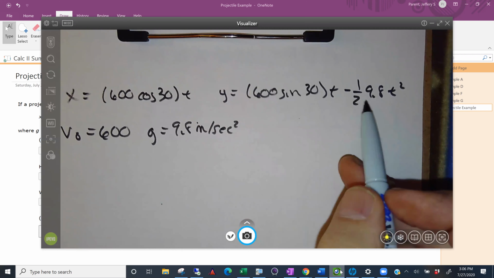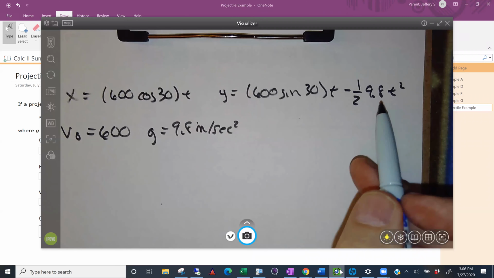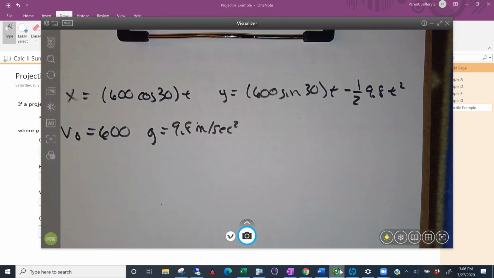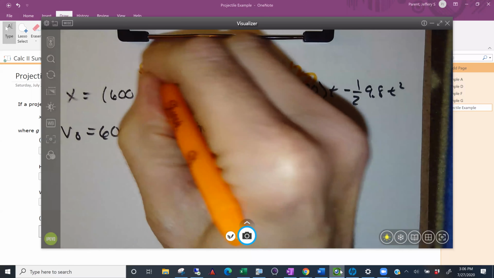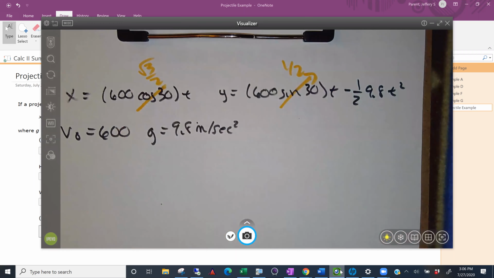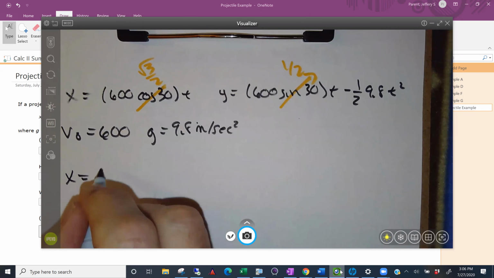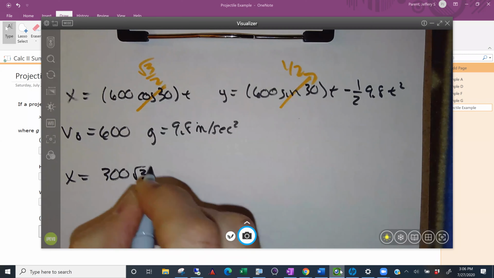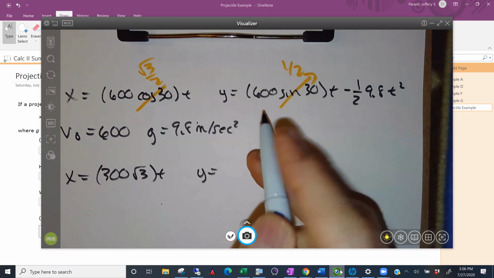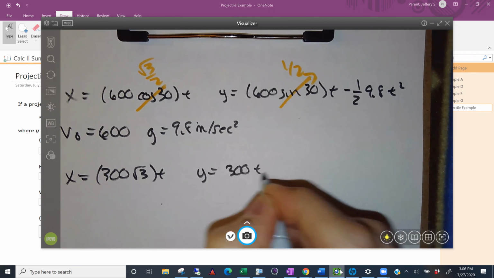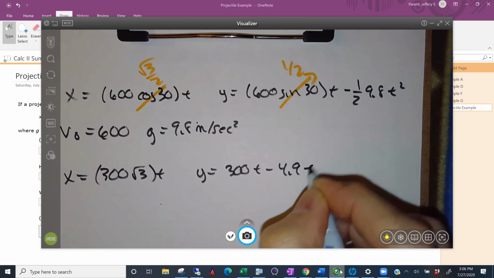Let me rewrite that as 4.9. We can also simplify our equations a little bit, in particular the y equation, because sine of theta is 1/2 and cosine of theta is square root of 3 over 2. That gives me some more friendly equations to look at. x is 300 times the square root of 3 times t, and y is 1/2 of 600, which is 300, t minus 4.9 t squared.